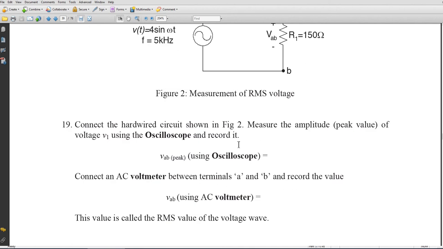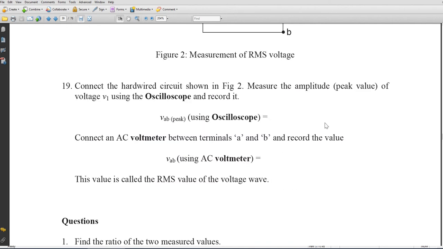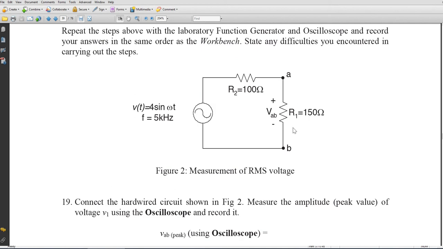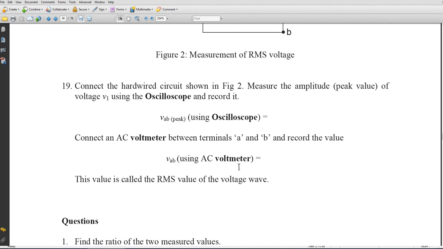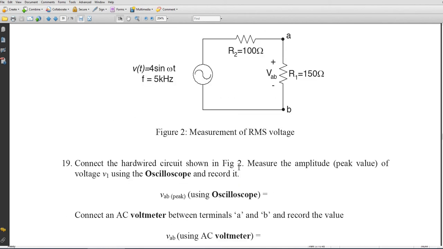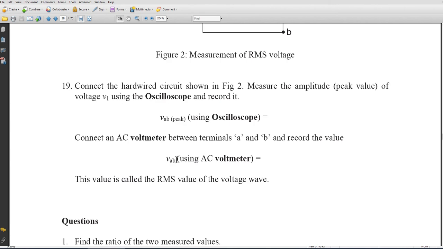So you measure using the oscilloscope and note the reading here. If instead of the oscilloscope you put a multimeter, which is an AC multimeter, not the DC one that we were using previously, the AC multimeter for the AC source will give you the RMS value.